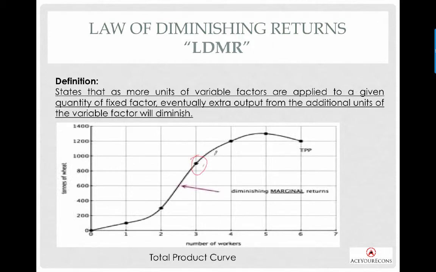You realize beyond the third worker, your increment in output actually slows down. And the slowdown in your output is because of the law of diminishing return, where there is a crowding out effect on your fixed factor, or your fixed input. There are many ways that can affect the slowdown in production. So it is beyond the optimum amount of workers.